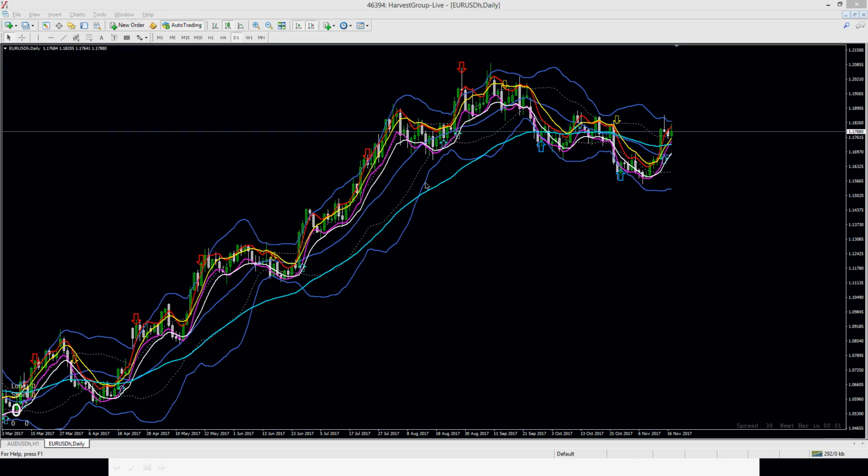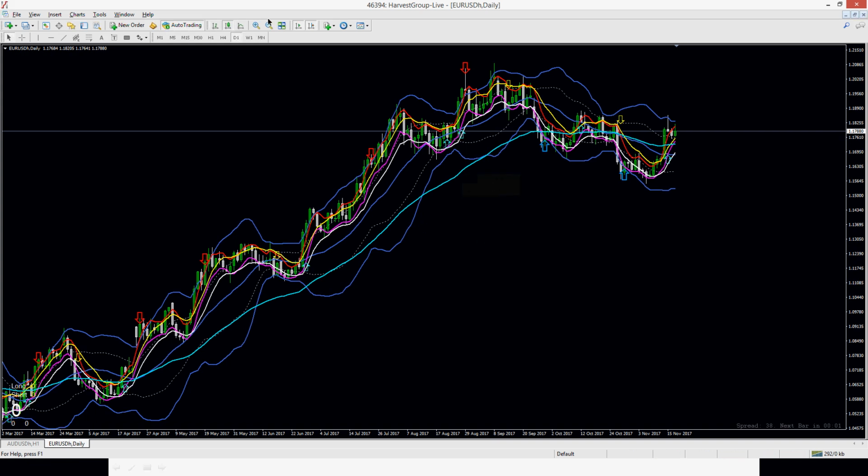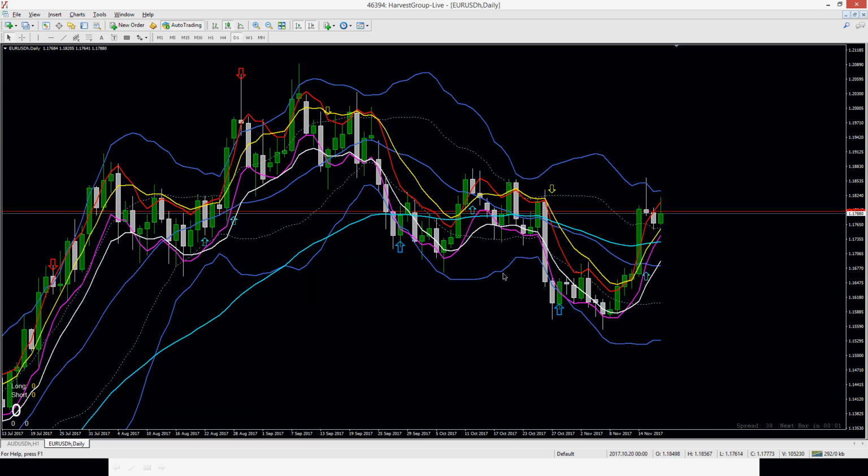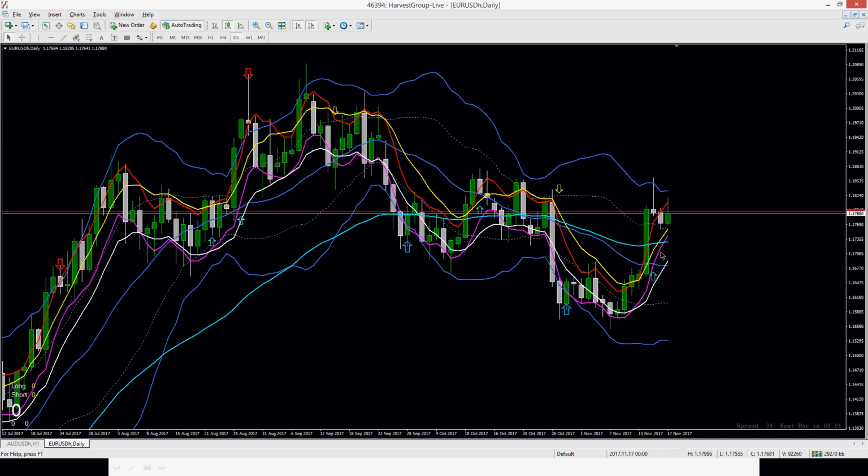Okay, so let's look at the daily of EU. From opening the daily, you already know that this is an uptrend market. Over here we have the MA50 above mid BB, so you know that on the lower time frame it's a downtrend at the moment.